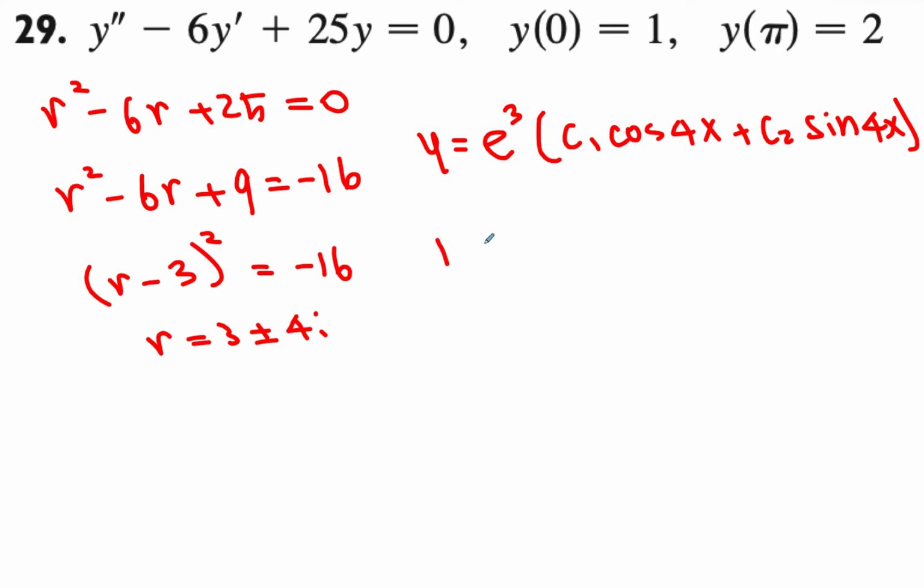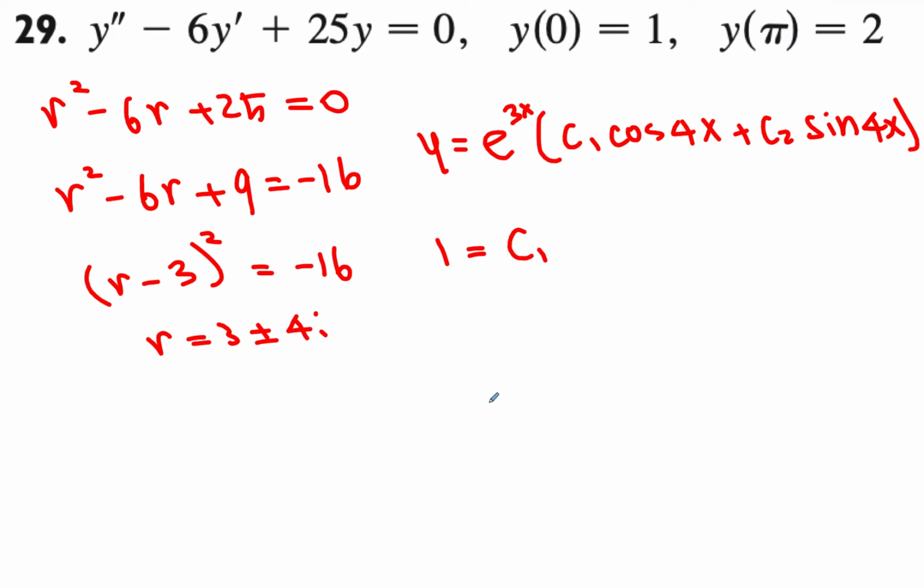So when I plug in 0, 1 equals c sub 1, since the exponential becomes 1, the cosine becomes 1, and the sine becomes 0. So simply c sub 1 equals 1.